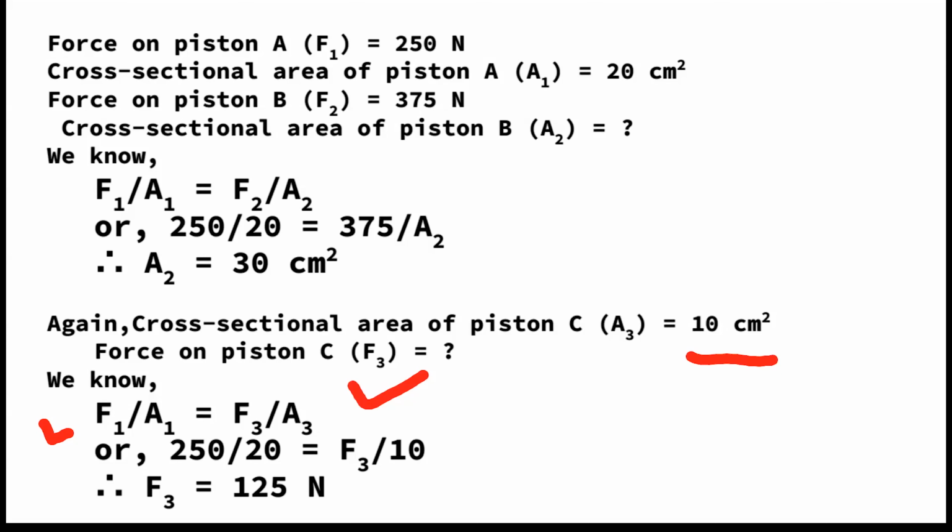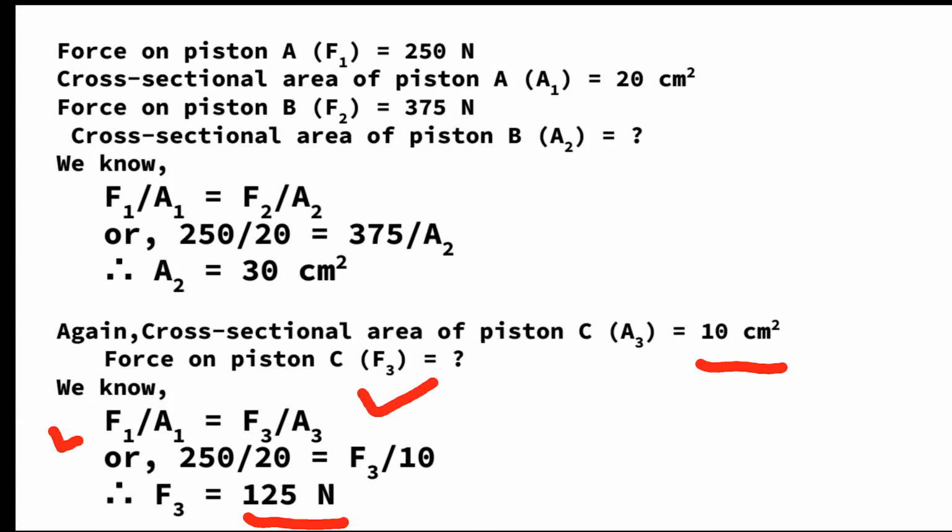This is also in the same system of unit, so we are using the same unit and same value. F1 and A1 are also given. F1 is equal to 250, and A1 is 20. So 250 by 20 equals F3 upon 10. Finally, we calculated the force on piston C, which is equal to 125 Newton.